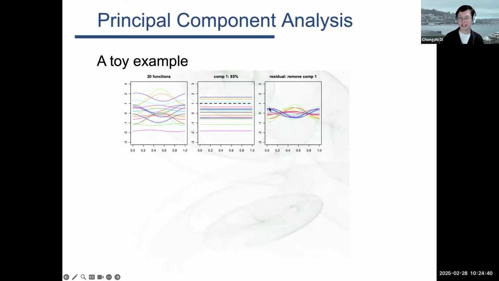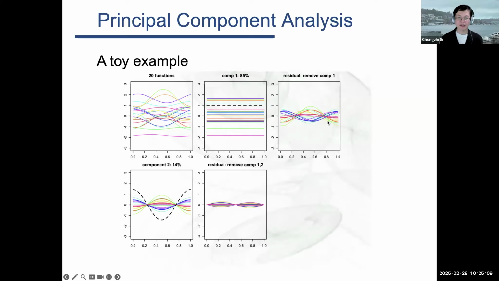The variation is really big across all time points in the original data, but once you take out the first principal component, the residuals have much smaller variation left. So in reality, this is 85%, and this is about 15%.